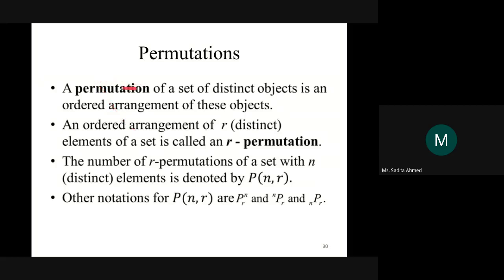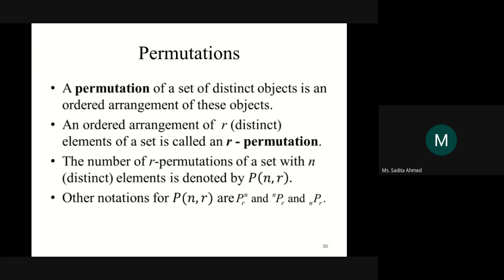So when we're talking about permutation, it's a selection of distinct objects, all right? It's a selection of distinct objects from a choice of distinct objects, and in that selection, order matters. Order matters, okay?